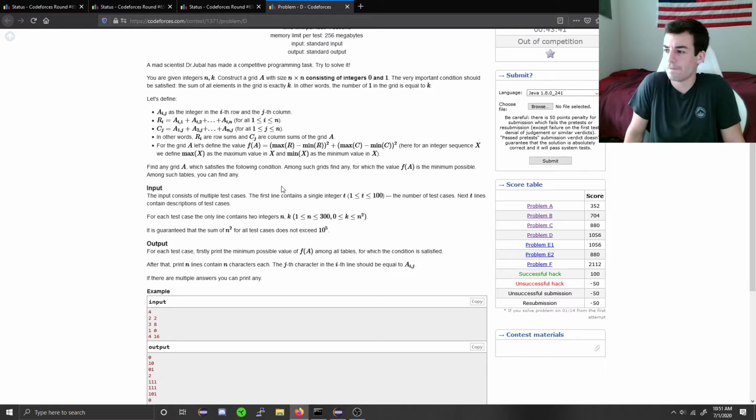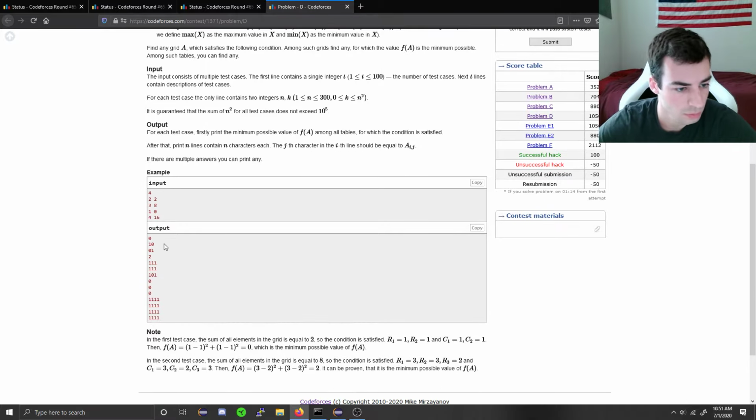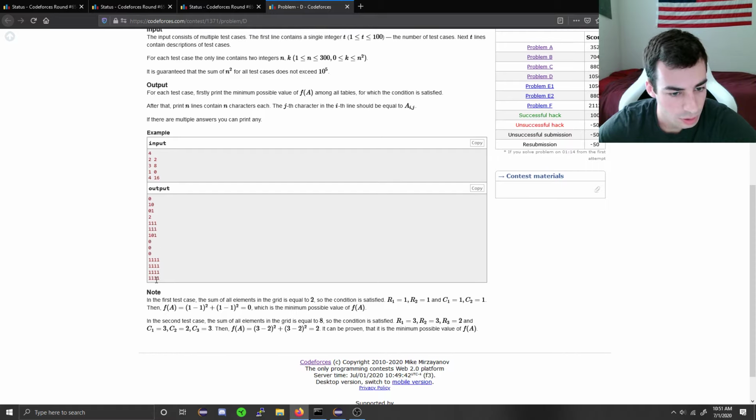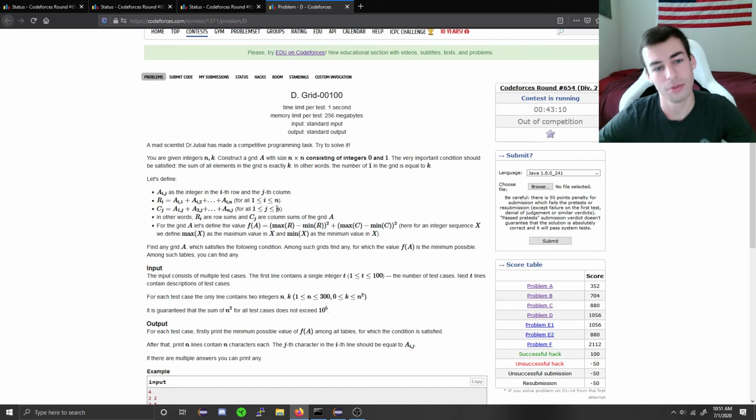Can we do it along the diagonal? Is that just the case?